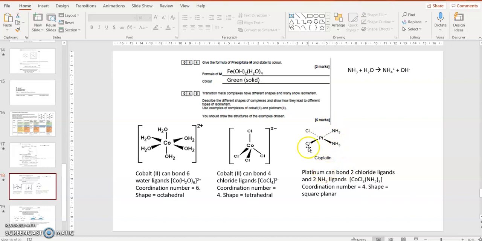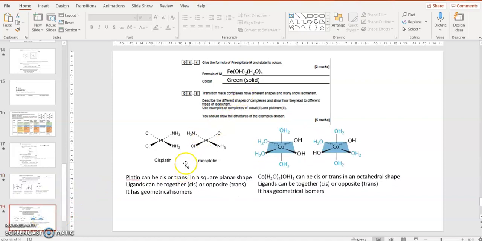And then you could have them opposite, transplatin, with the two Cl opposite and the two NH3 opposite. Coordination number 4, because there are 4 coordinate bonds, bond angle 90, square planar shape, because the two lone pairs up and down force the 4 bonding pairs into a square planar shape.